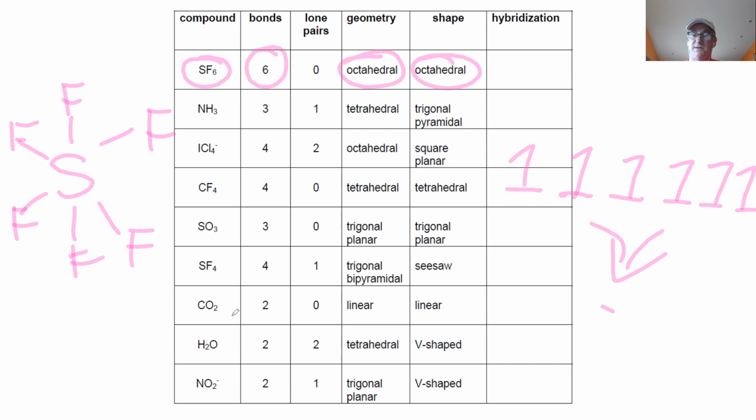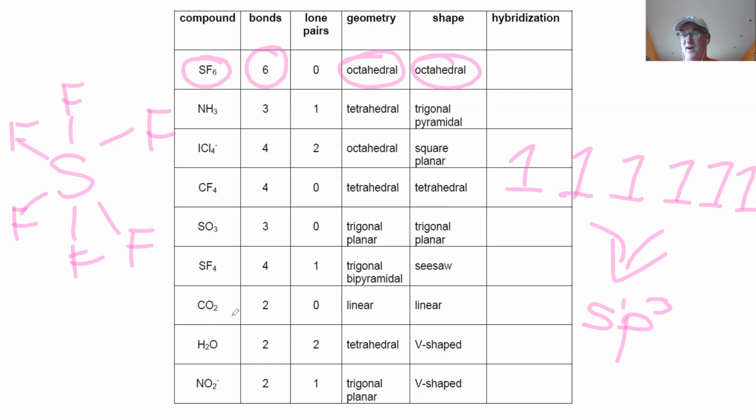You start with S. So how many orbitals in S? 1 orbital. And then we go to P is next. How many orbitals in P? 3.